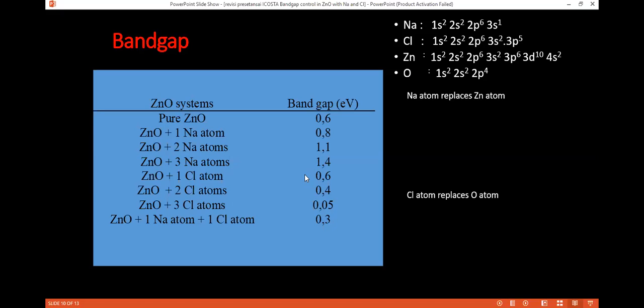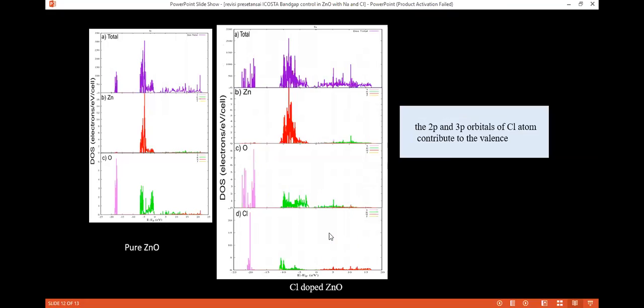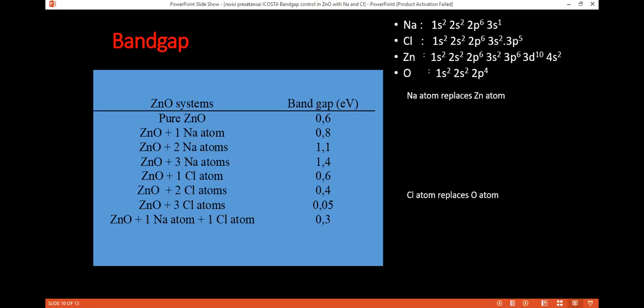Because the band gap narrowed, it means that the impurity state is below the conduction band. And for co-doping sodium and chlorine, we see that the band gap decreases. So it means the influence of chlorine is more than sodium.